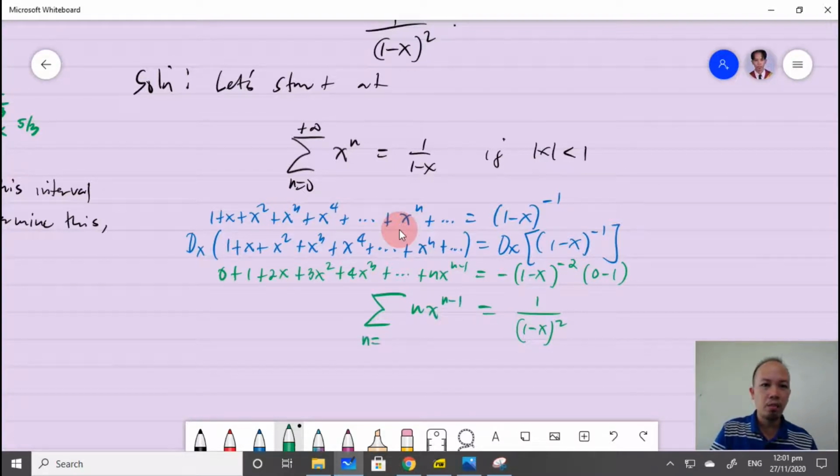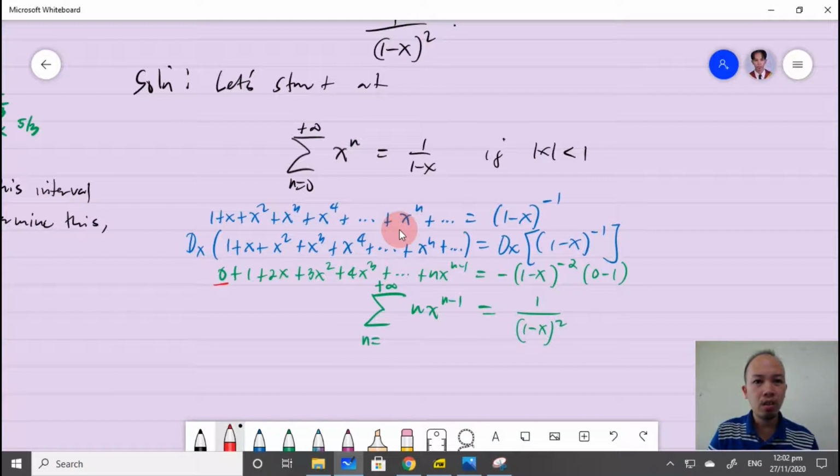So our n must start from what? If n is 0, we have 0 times the expression, which is 0. So we have a 0 here. When n is equal to 1, we have 1.